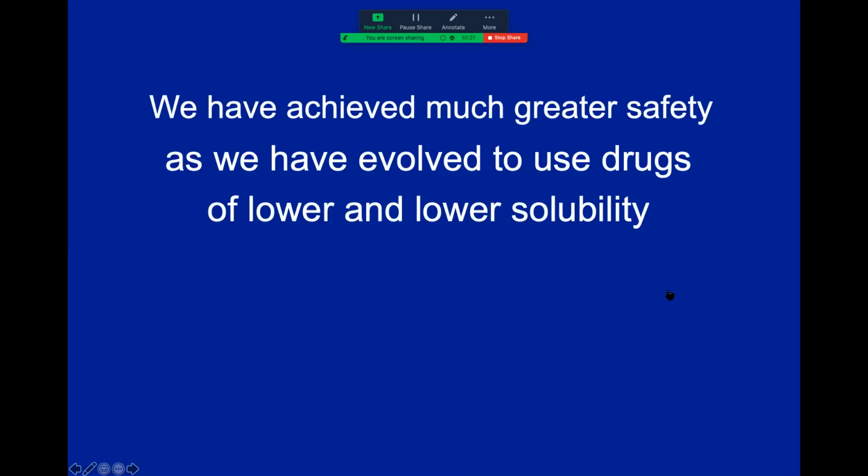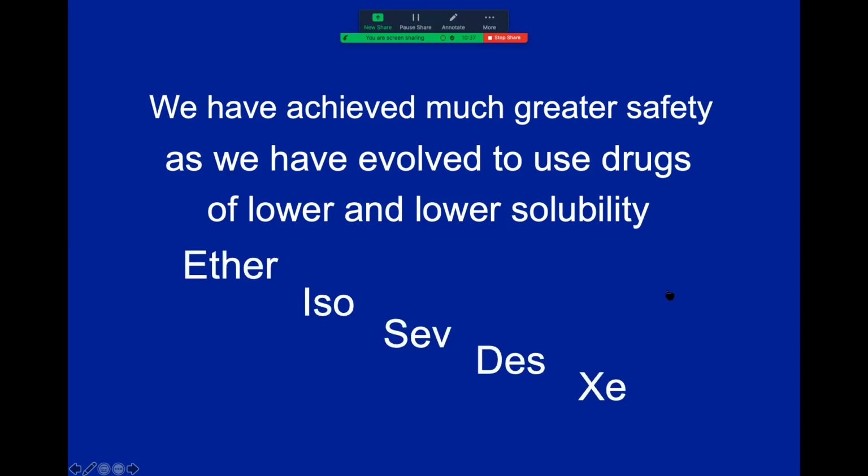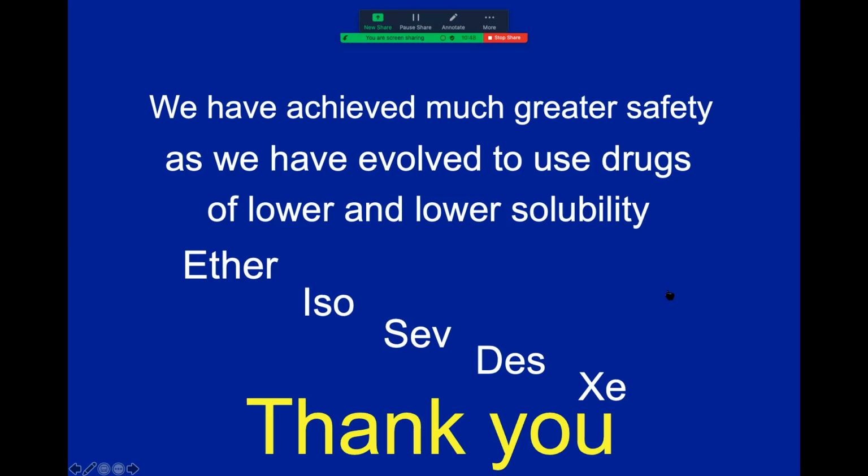So we've achieved much greater safety as we've evolved from drugs of high solubility to drugs of much, much lower solubility. From ether to isoflurane to sevoflurane to someday xenon, we really have a dramatic improvement in this particular property of these drugs. Thank you.